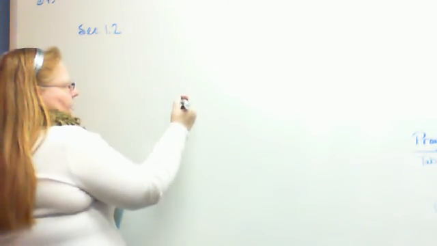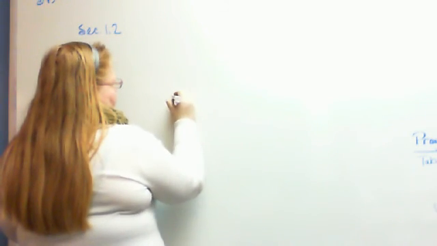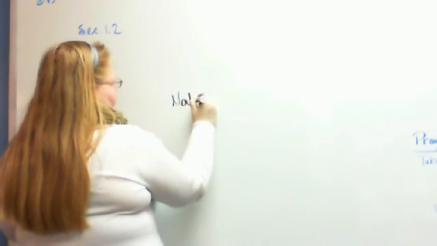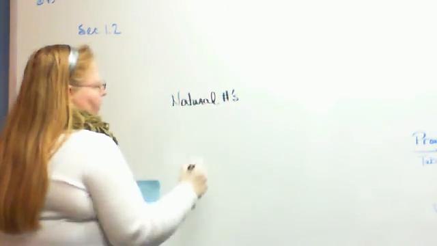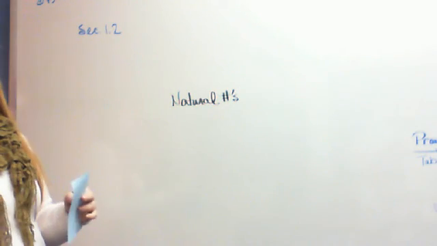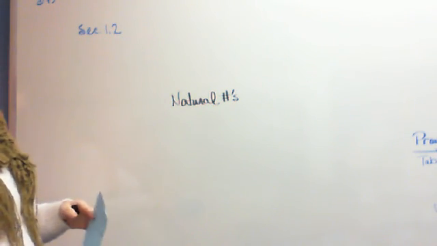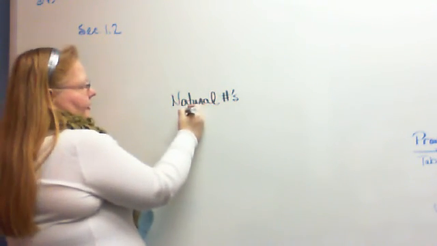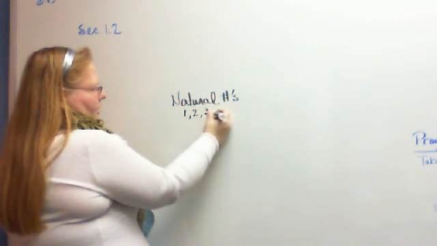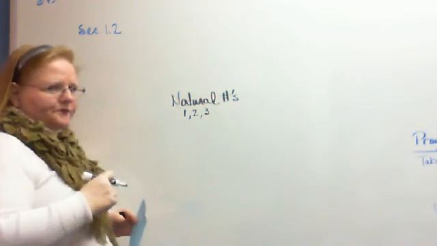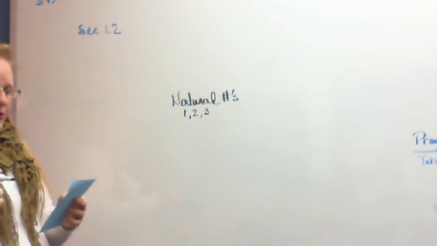So we're going to talk about different kinds of numbers. The first kind of number we're going to talk about is natural numbers. Natural numbers are numbers that appear in nature. For example, you can count on your fingers and toes 1, 2, 3, so forth and so on. Those are natural numbers.